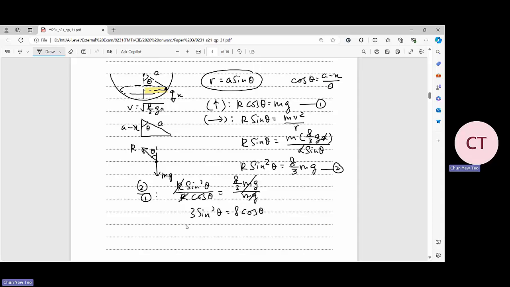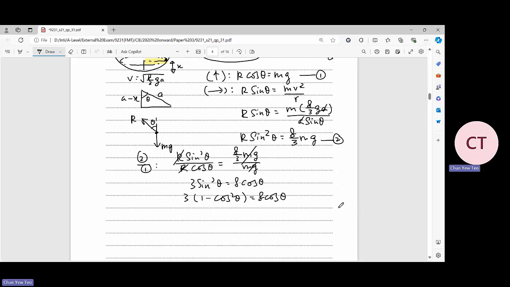We have a trigonometric equation. Make sin² θ become 1 minus cos² θ. Then expand and simplify, and you will have a trigonometric quadratic equation: 3 cos² θ plus 8 cos θ minus 3 equals 0. Factorising, you have (3 cos θ minus 1)(cos θ plus 3).